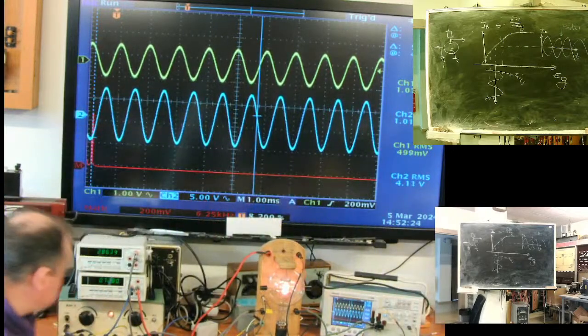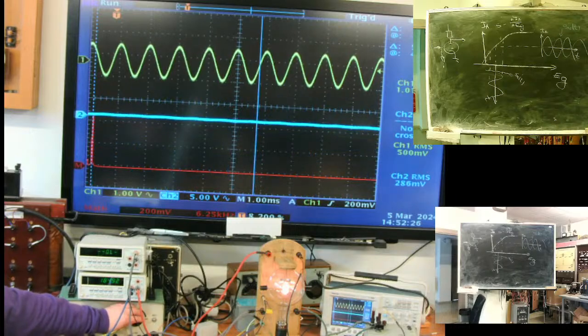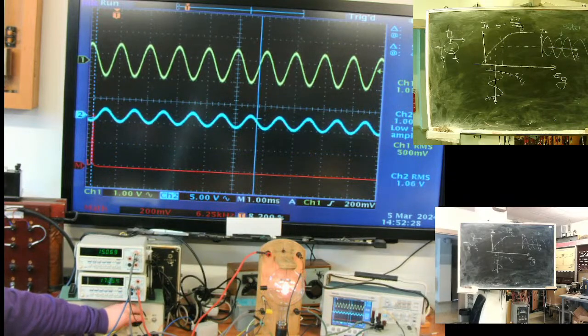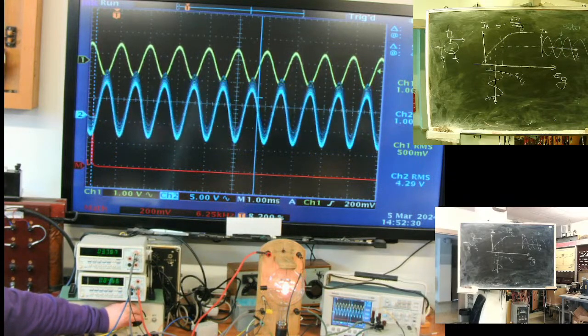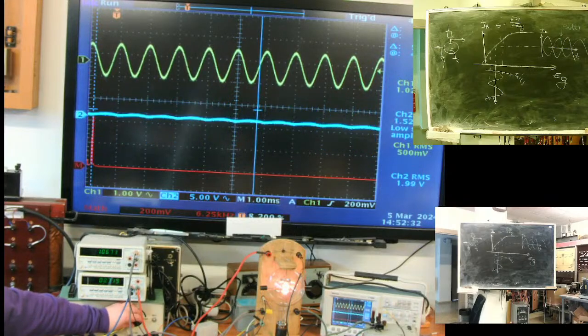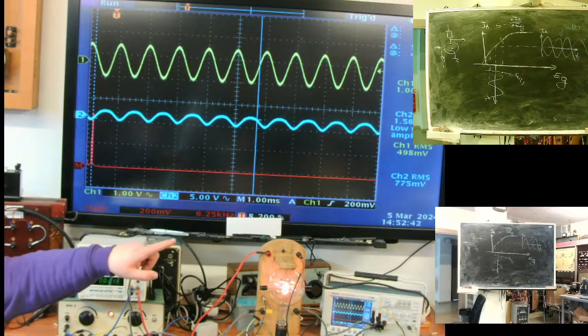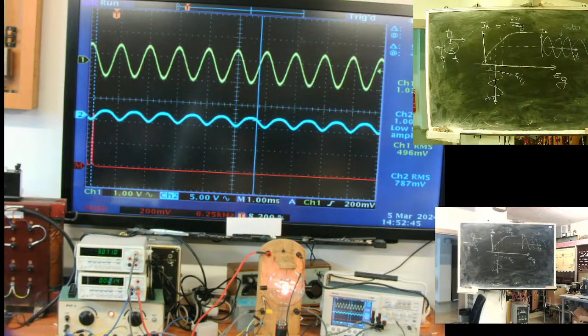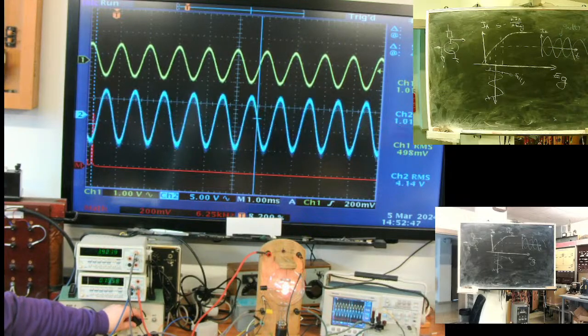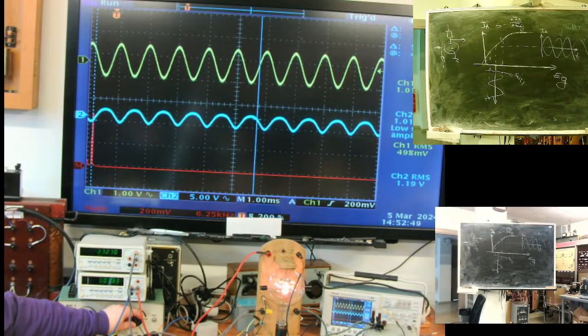Look what happens if I change the gap. Smaller, smaller, smaller, nice and fine, and again, see, this is kind of corrupted. Why is it corrupted? I have a working point of minus 3 volts. I'm not in the linear part of the characteristic. See, it's a wave of pulses.